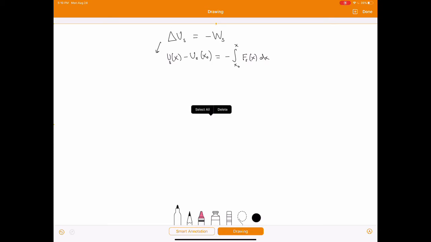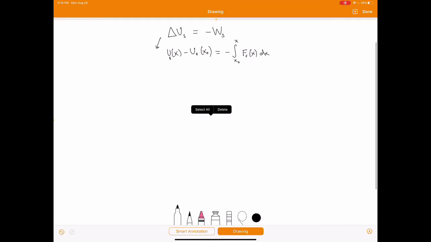Okay, next, we're just going to say that x naught is equal to 0. We're free to set that value. So I'll have spring potential energy at x minus spring potential energy at 0 equals minus, now we're going from 0 to x, and our force is given by Hooke's law, that's minus kx dx.